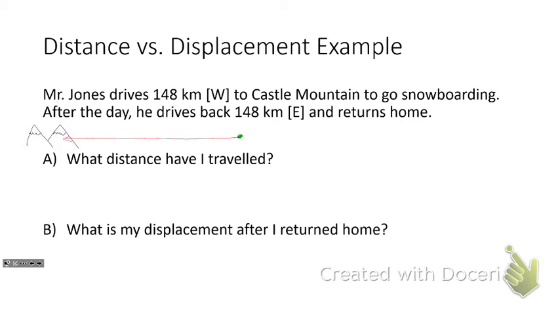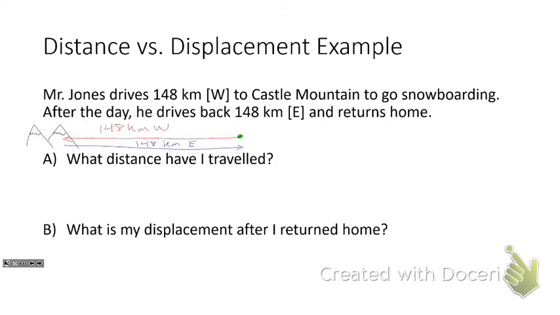Okay, so I drive 148 kilometers west to go there. And then, after I'm done skiing, because I like sleeping in my own bed, I drive back 148 kilometers east.